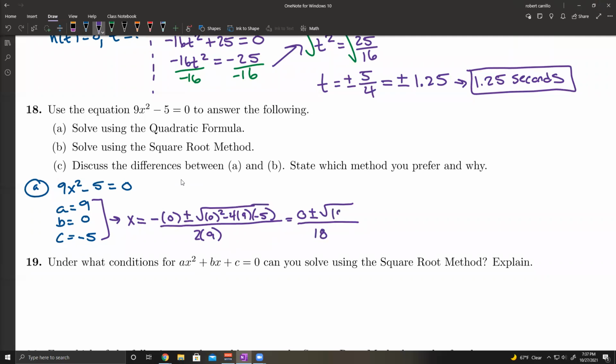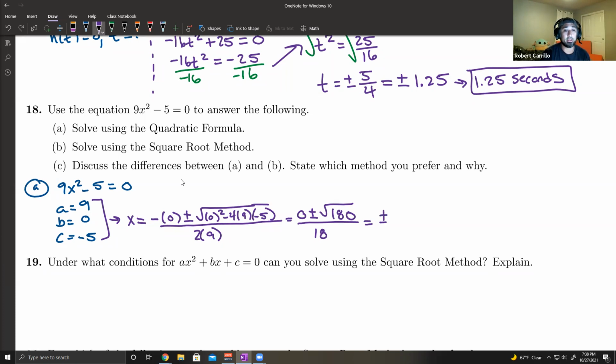Good. Now we can ignore the 0, and this just becomes plus or minus square root 180 over 18.